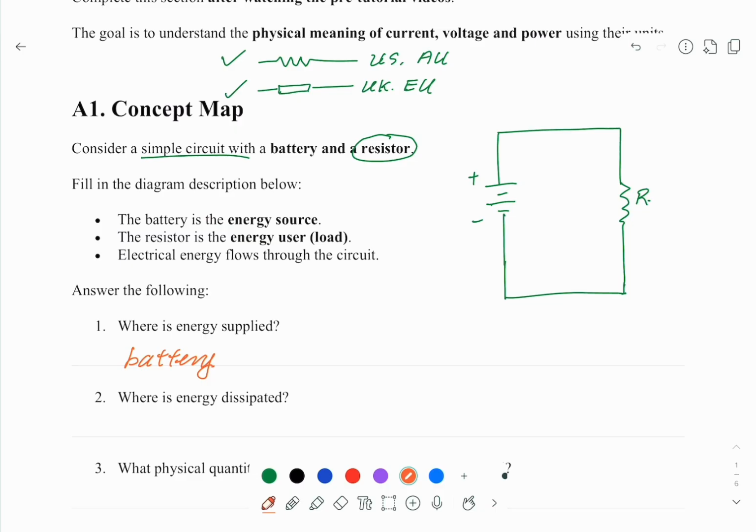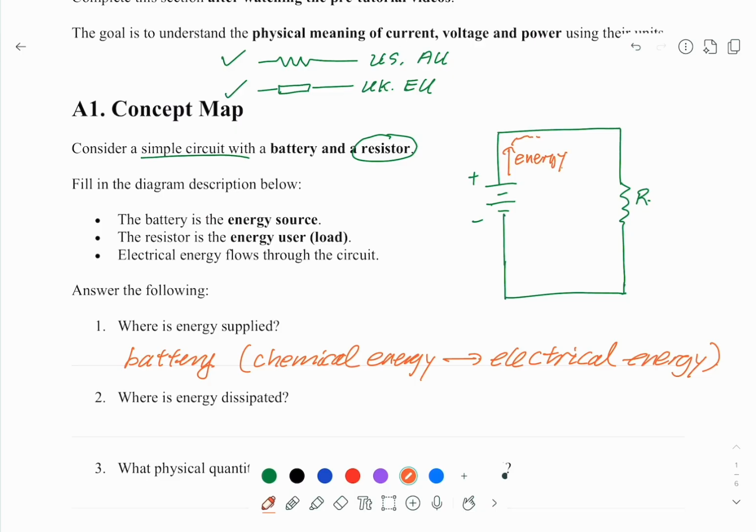And incidentally, a battery is a way to convert chemical energy to electrical energy through a process called an electrochemical process. So the energy starts from here. This is how energy flows.